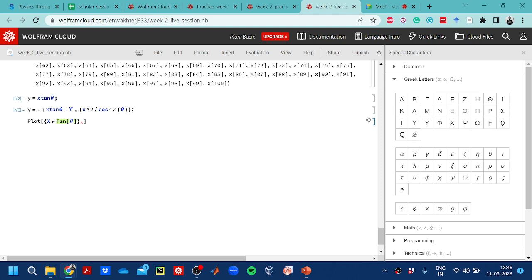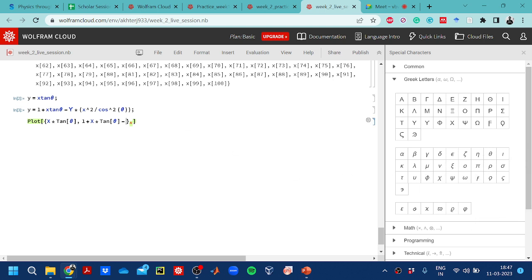So this is our first quantity, and the second term we have 1 plus x tan theta minus gamma. So we have to specify.